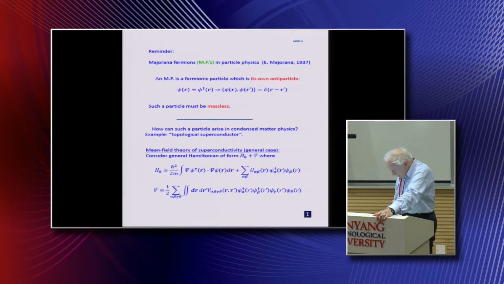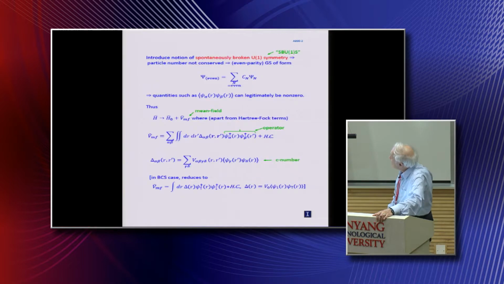Suppose now that we introduce the idea, which of course has a lot to do, obviously, with the work of Professor Salam, the notion of spontaneously broken U(1) symmetry, the idea that we can treat the particle number, the total particle number, as not conserved.